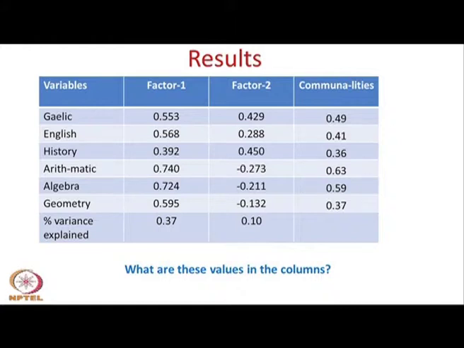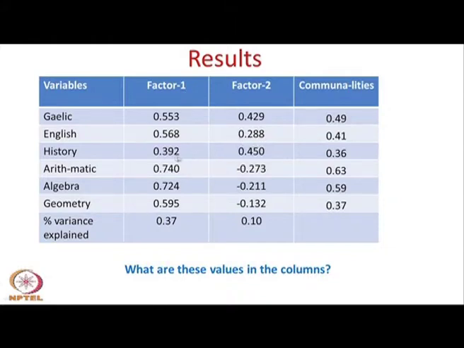Okay. Now, if you see these loadings, Gaelic is almost equally loaded with factor 1 and factor 2, because the loading value is 0.553 for factor 1, 0.429 for factor 2. Similarly, English has a higher loading on factor 1, little lower on factor 2, but it is not negligible.